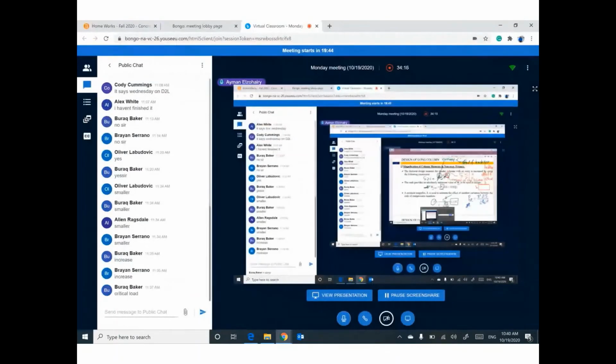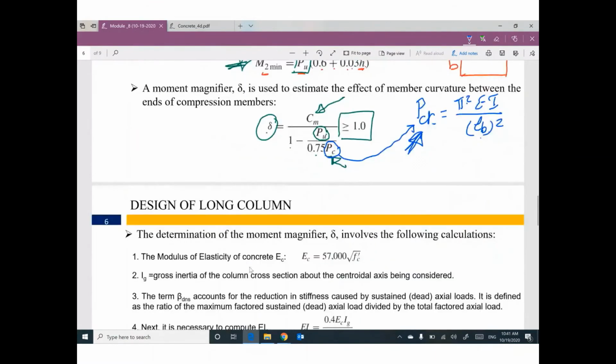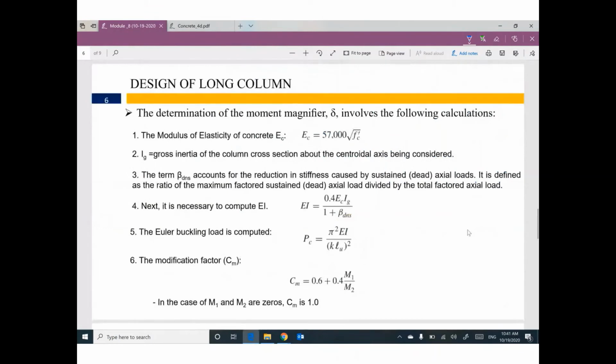This P critical, which equals pi squared EI divided by L buckling squared, is this term. There you go. P critical equals pi squared EI divided by (K L u) squared, where K L u is the buckling length.